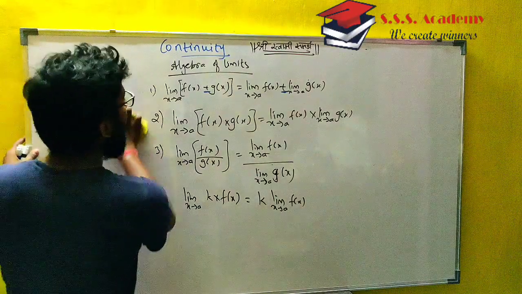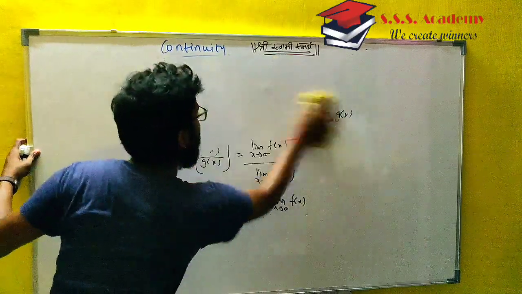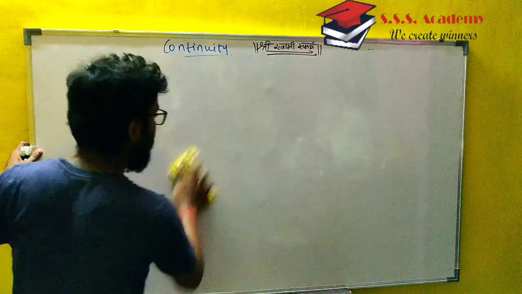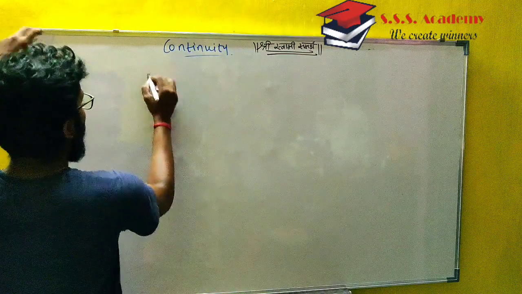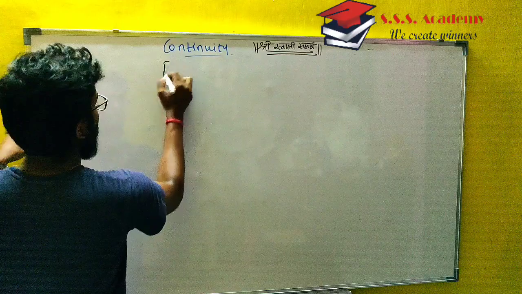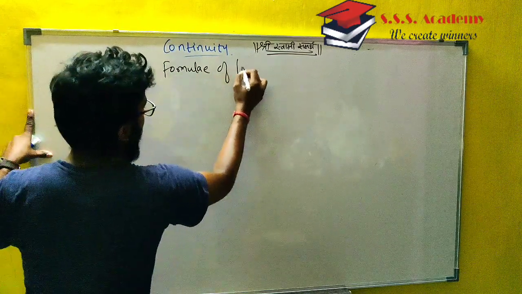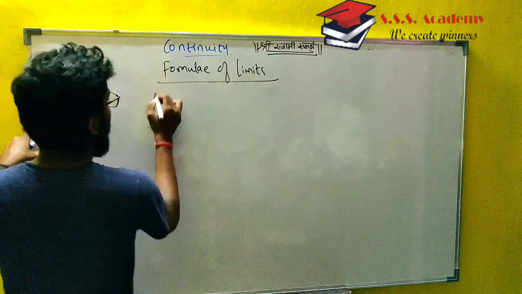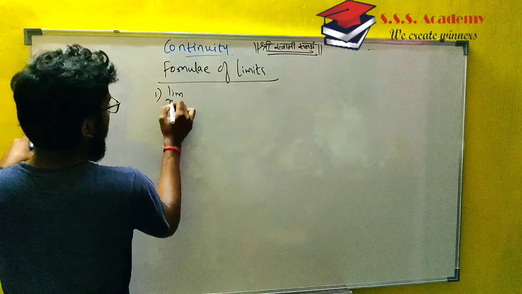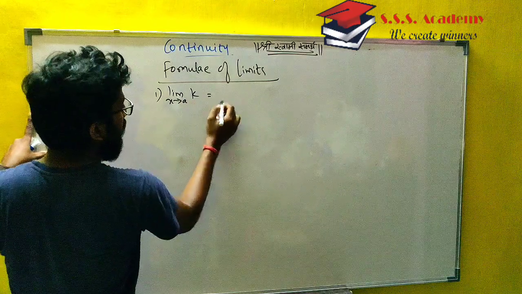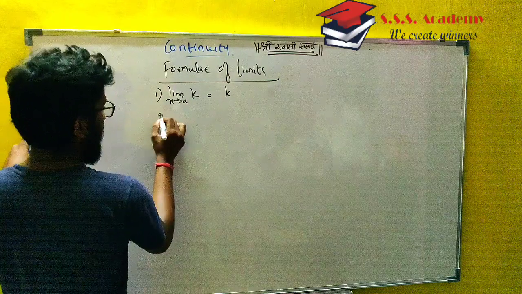Now we are going to see the formulas of limits. The first one: when a limit is applied to a constant, we get the constant only.